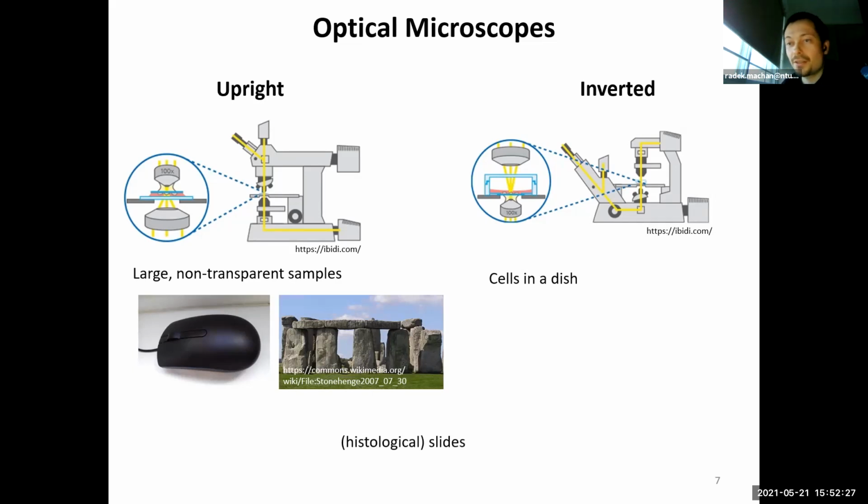Things like histological slides, where you have a thin section of something squeezed between two pieces of glass, are suitable for either, but might preferably be observed under an upright microscope. Simply because in a facility like CELSI, where people do a lot of work on cells in dishes, the inverted microscopes are otherwise in much higher demand.